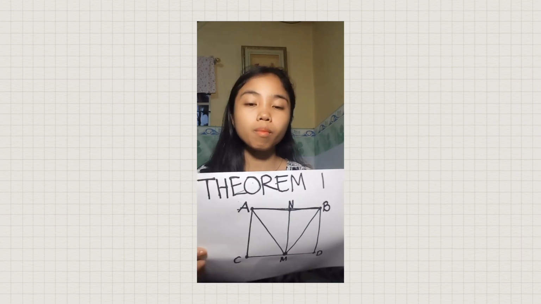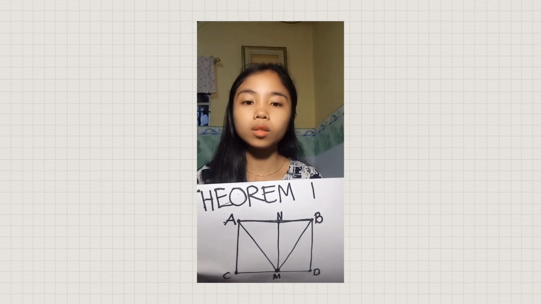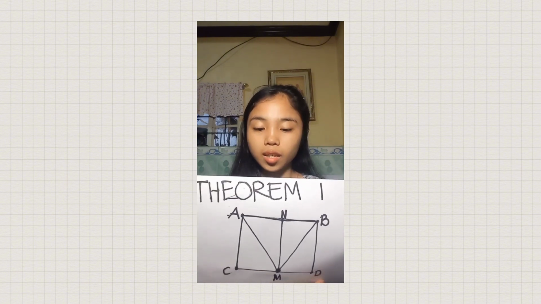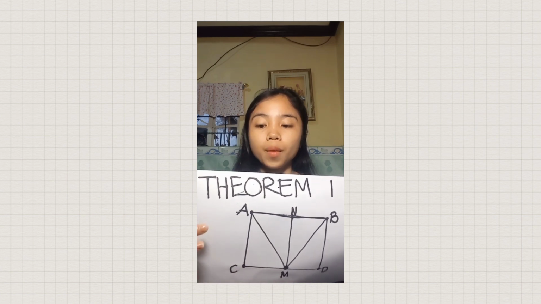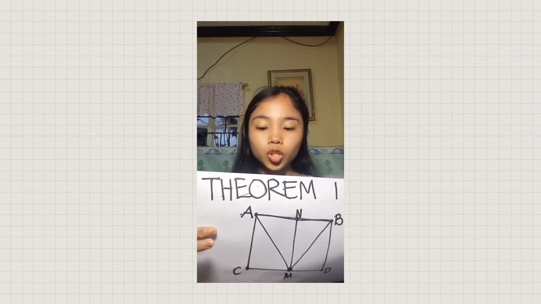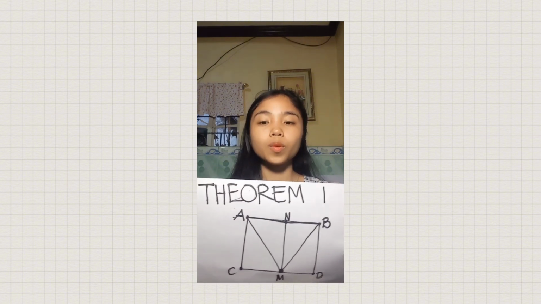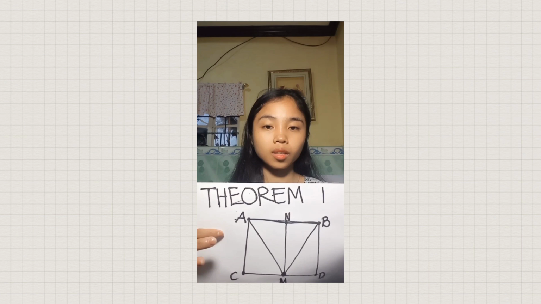What is the summit, by the way? The summit is the vertices opposite the equal sides. The summit here is C and D. The perpendicular in this illustration is that line CD is perpendicular to line MM. Understand?